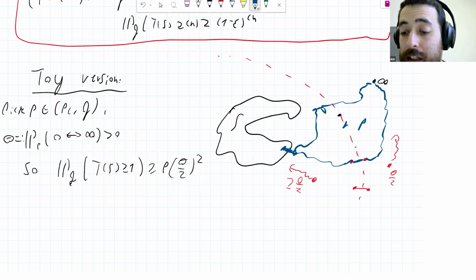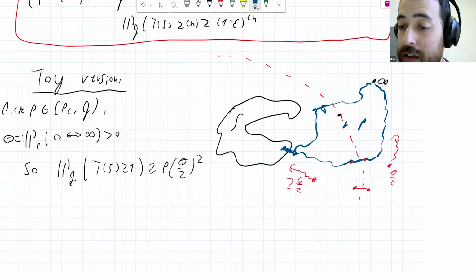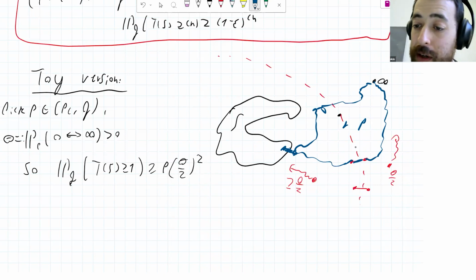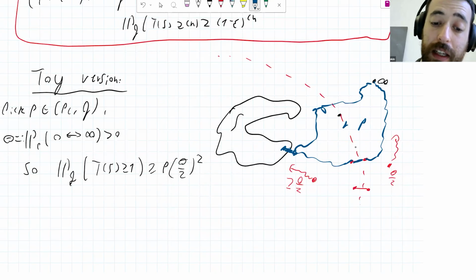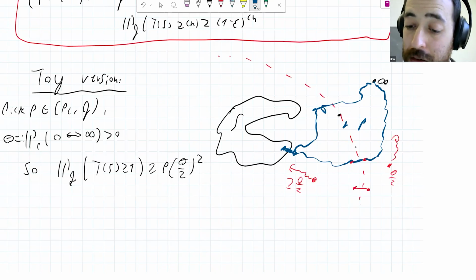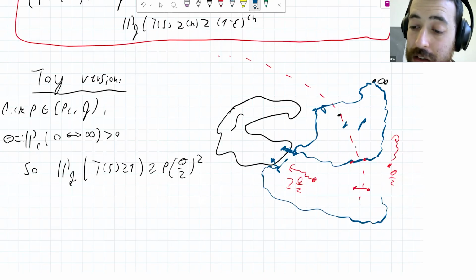So when I look at this edge, it's not that it goes to infinity, but that it goes to the previously explored cluster of infinity. This is what I'm actually looking at. And this still will be theta over 2. So I can still pay theta over 2 in both directions. But now I will get a new touch, maybe even more than one. And it will reach this guy here.